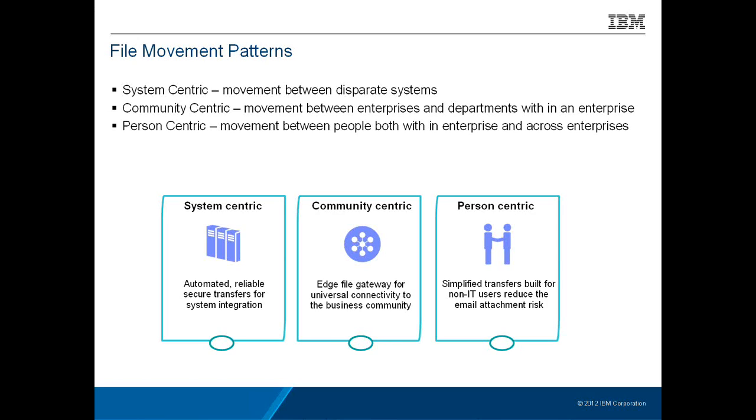So we address these three data movement patterns. Going forward, we will just see which of these product suites, and which products in these product suites, actually cater to these requirements.